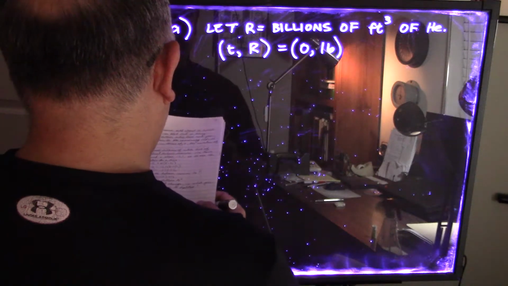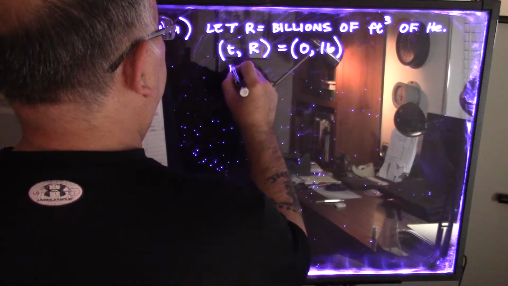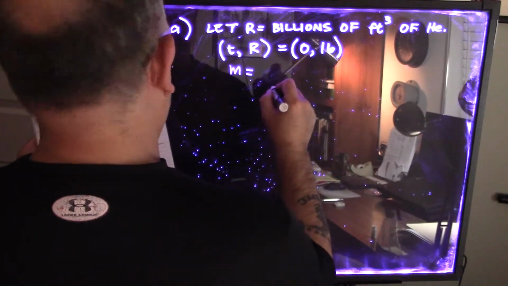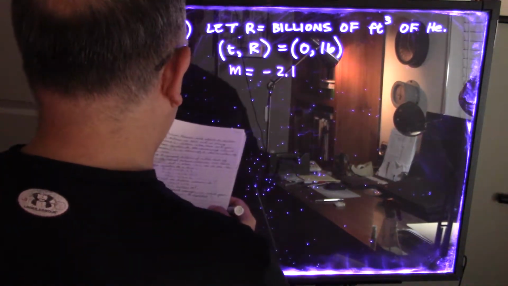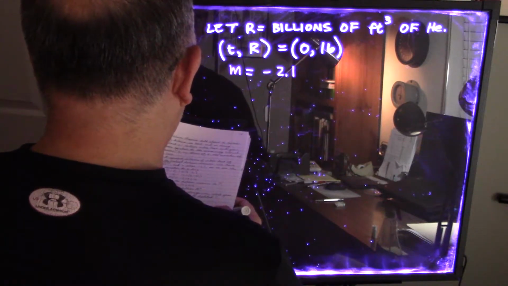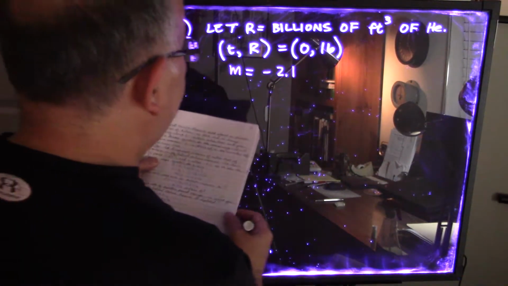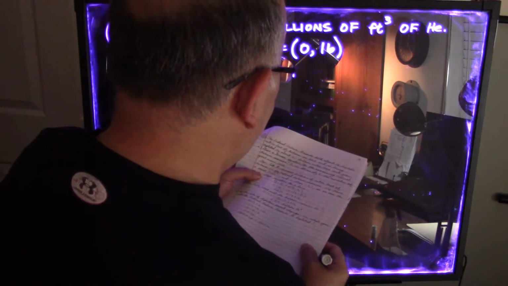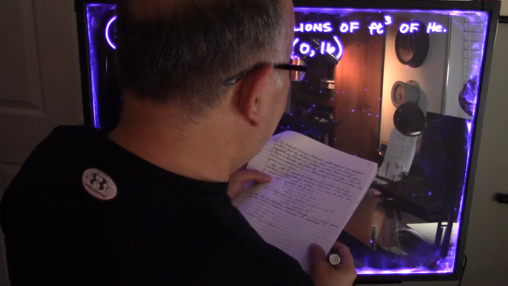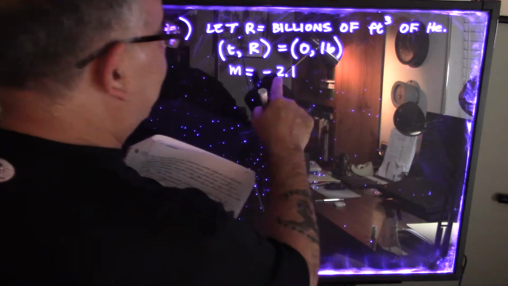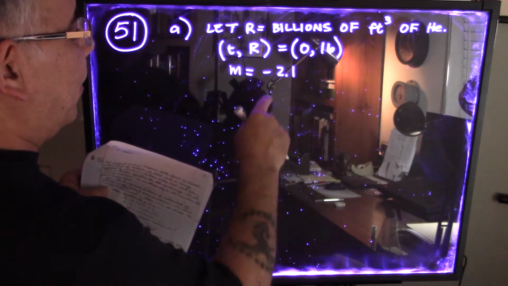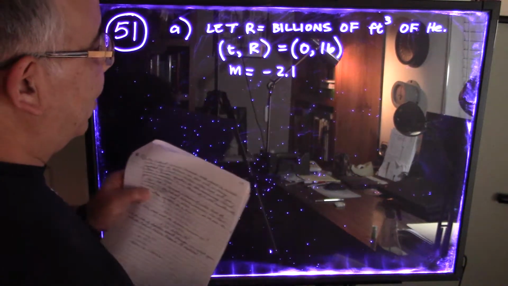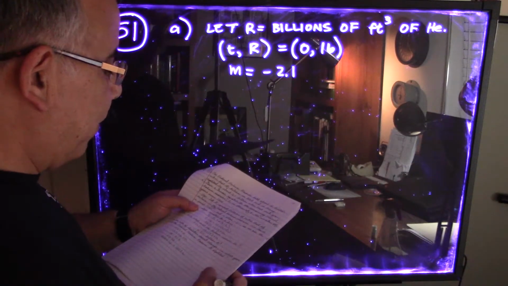And the slope m is equal to negative 2.1. That's depletion of the helium by 2.1 billion cubic feet each year. That's what that represents. So it's being depleted, it's going down, so it's a negative slope, right? So hence the negative sign.